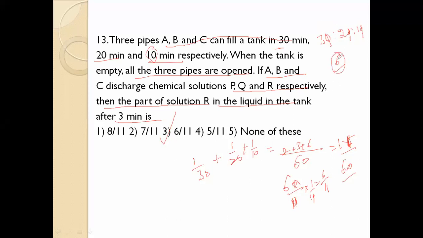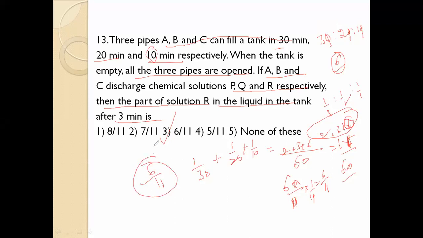Actually total 6 parts are there. 1 by 3, 1 by 2, 1 by 1. So A:B:C is 2:3:6. Here 2 plus 3, 5, 5 plus 6, 11. Total 11 parts. Out of 11, C is 6 parts. So in this way we get the answer.